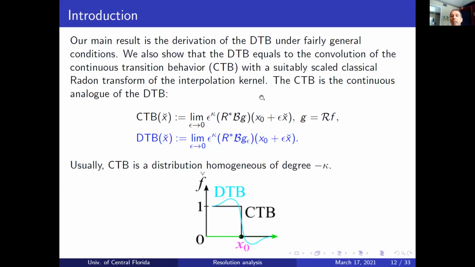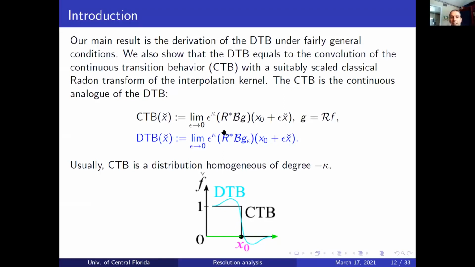What is the precise definition of the continuous transition behavior in the general case? It's pretty similar to the definition of the discrete transition behavior. We do the same trick as with the DTB: we rescale the epsilon neighborhood around x naught, multiply the continuous reconstruction by epsilon to the kappa, and take the limit as epsilon goes to 0.